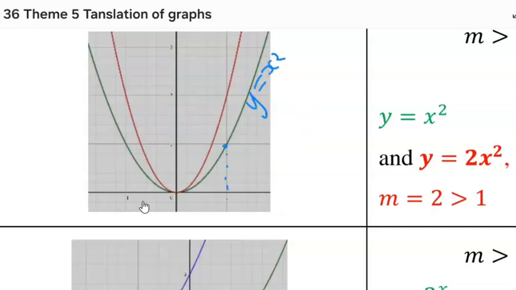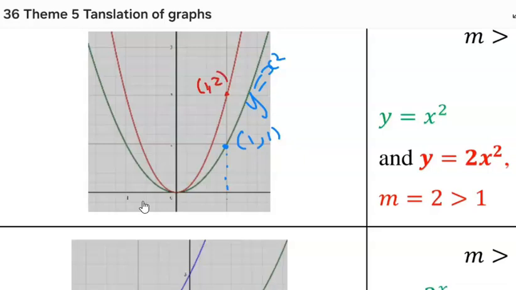So if I look at this point here, which is the point 1, 1, then we see what happens at the red graph at 1 is the point 1, 2.